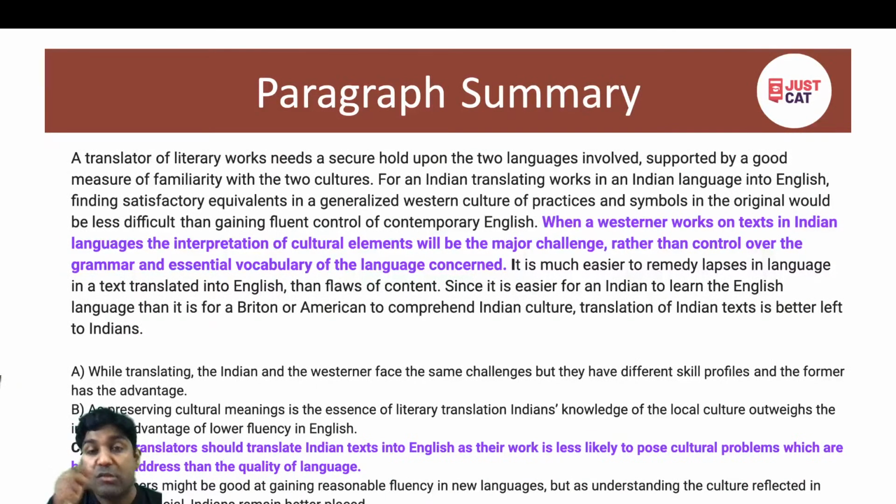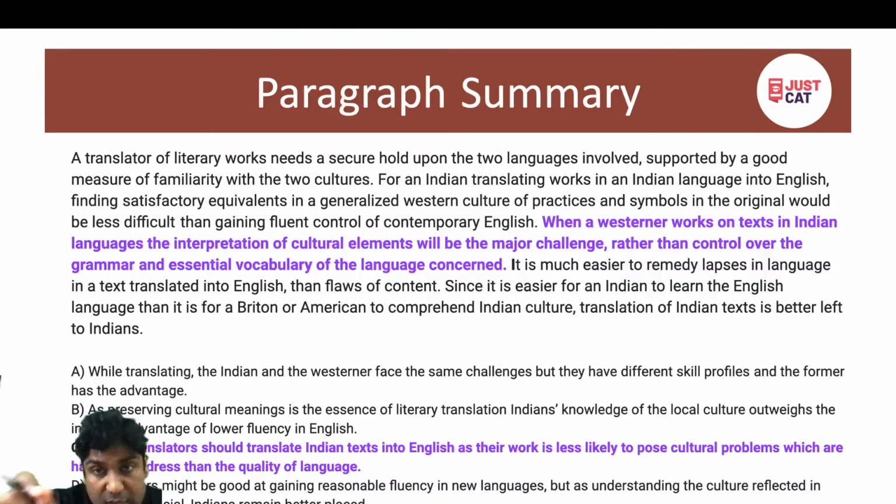And also, if you read it, nowhere were they talking about the local culture of India. They were talking about the culture outside, because Indians are translating into English. So Indians were supposed to learn about the culture in the western world, so that they can make a proper reference from the Indian context into the western context.